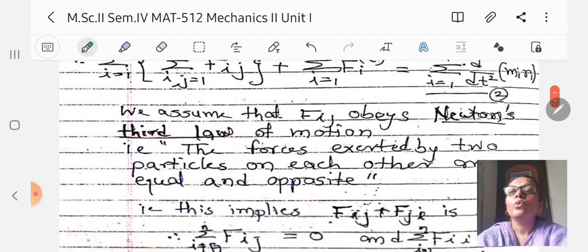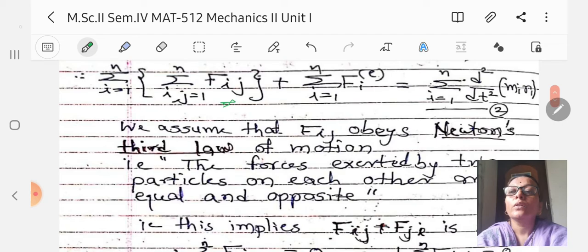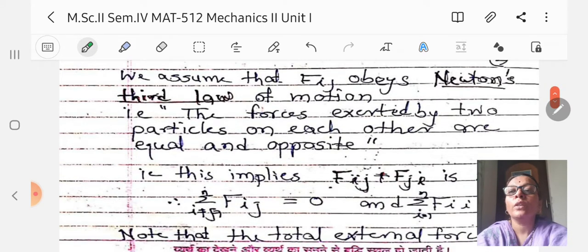Now we assume that Fij obeys Newton's third law of motion, that is action and reaction. The forces exerted by two particles on each other are equal and opposite.